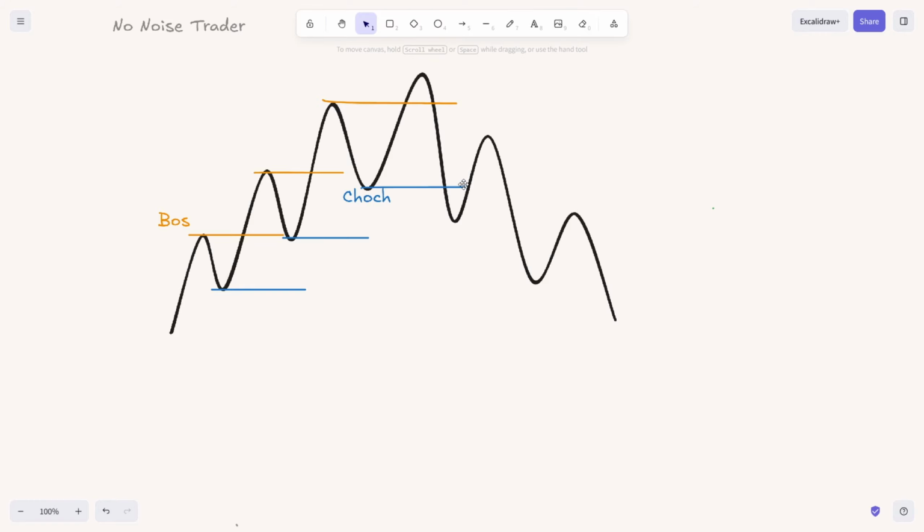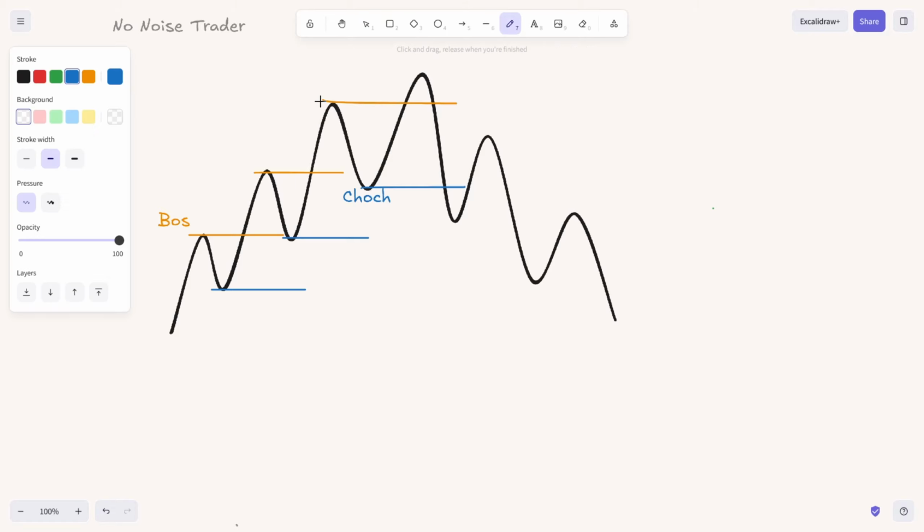A change of character is what tells us this is a sign that the trend is going to reverse. It doesn't mean that you need to enter on a short, but it means that you need to pay attention. Either it will go up or down, but you need to pay attention. This is a way to read the market. In other ways, this is the head and shoulders.